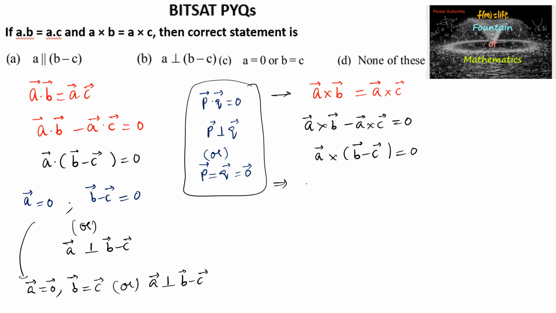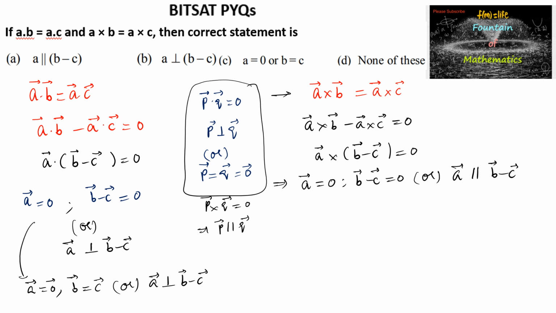So we can say vector a is equal to 0, or b minus c vector is equal to 0, or, as a cross product p cross q is equal to 0 implies p is parallel to q, we may consider p is parallel to q, or p and q both are 0 vectors. So we can say a vector is parallel to b minus c vector.